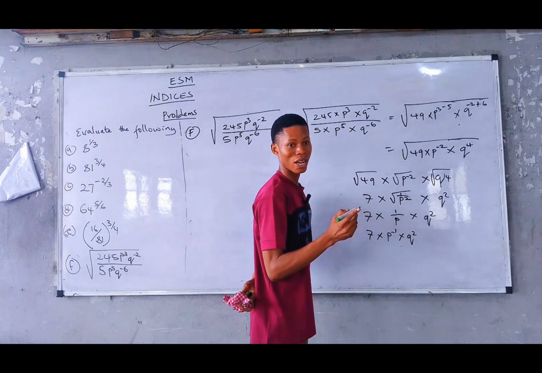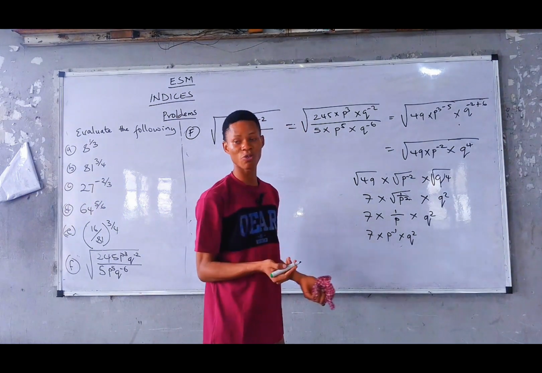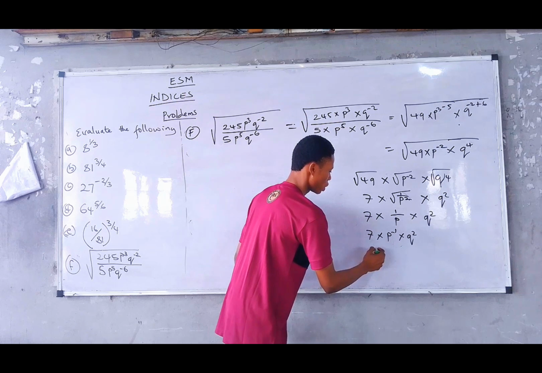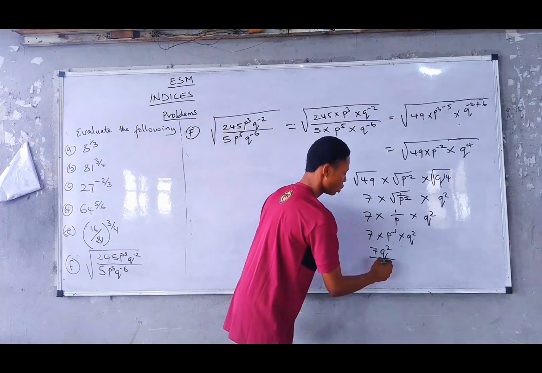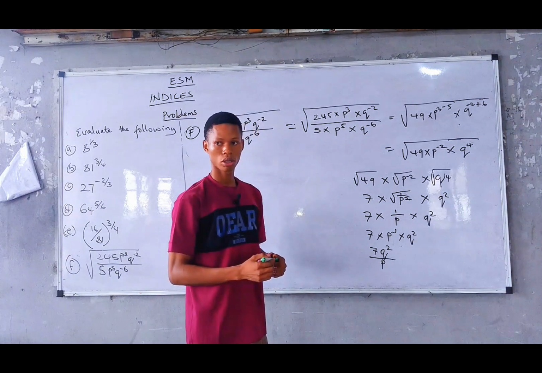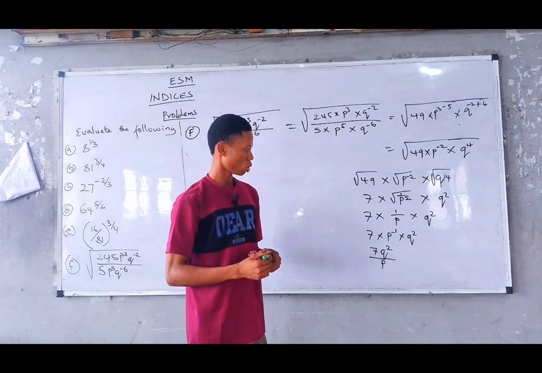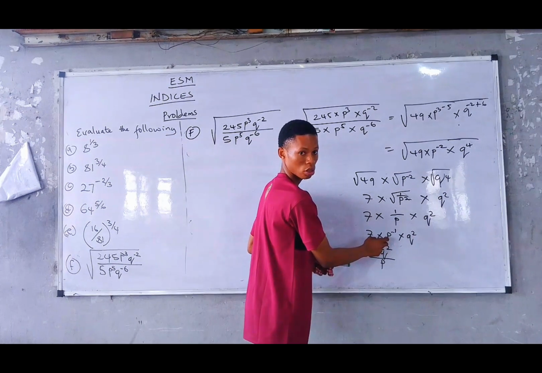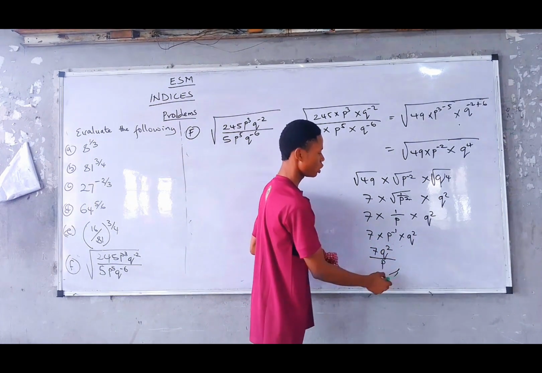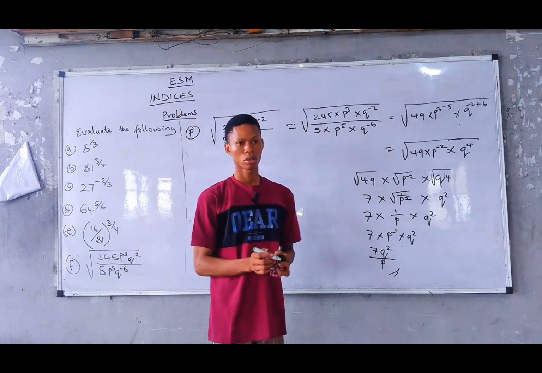This is your final answer, but in the option you can see it arranged differently. You can see something like 7 Q square all over P. Is this correct or wrong? Correct, right? Because it's 1 all over. Is it not? So anyhow they arrange it in the option.